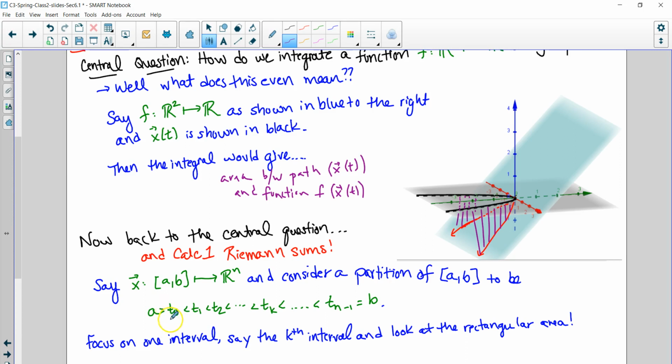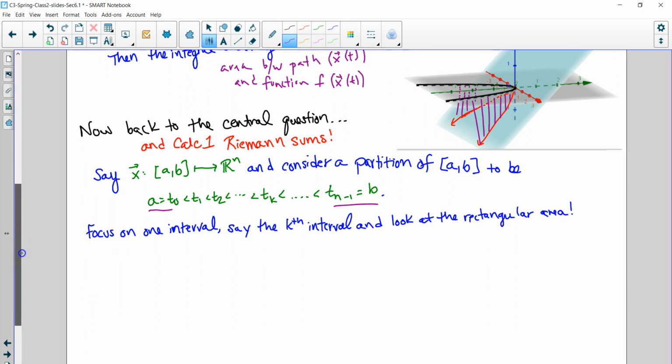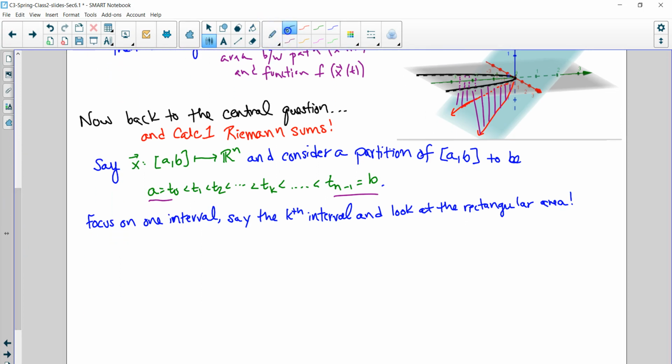So what I did here was I took that A and B and split it into n pieces, and so it's x, ending at n minus 1 because I began at 0. We remember that for Riemann sums, there was something about rectangles going on, so let's try and mimic that same process here.